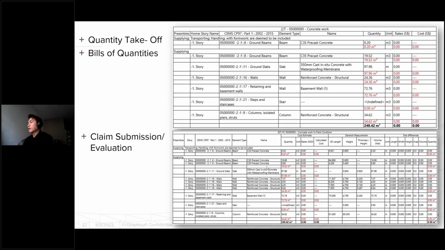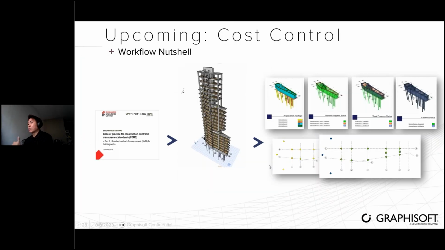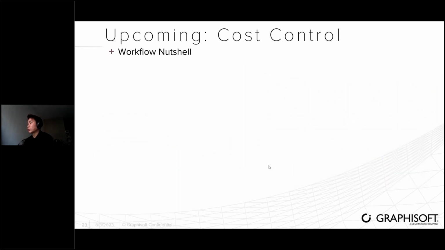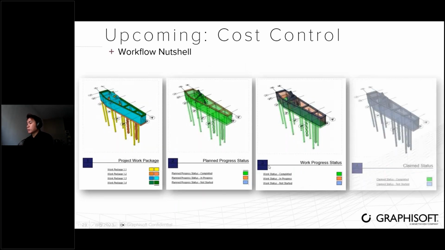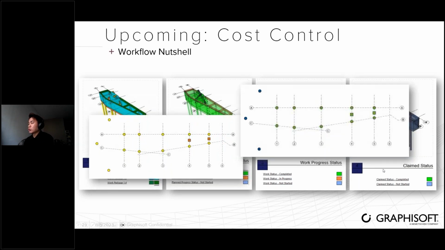The following one, during the conceptual stage, shows how you can use this for cost monitoring and control. You can use the graphic overrides. They are tracking based on the work packages and also the plan progress and so on and so forth. You can also show this on the floor plan as well.